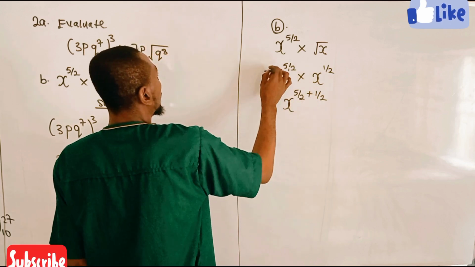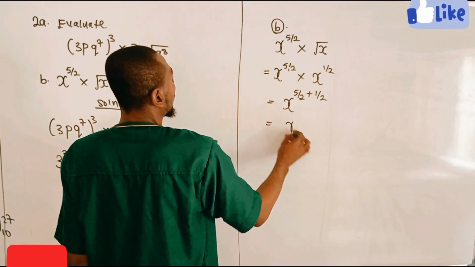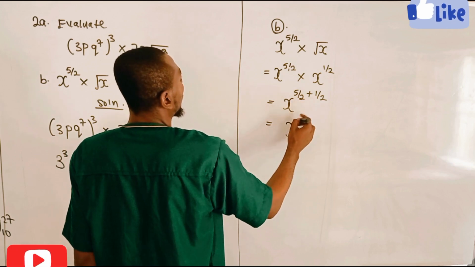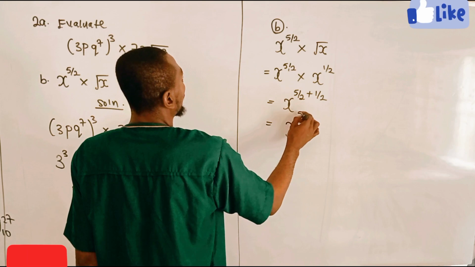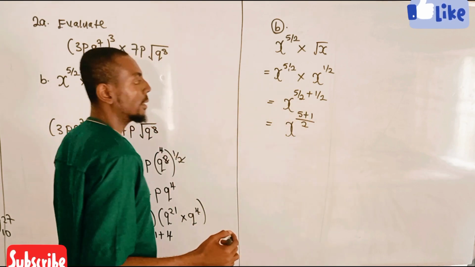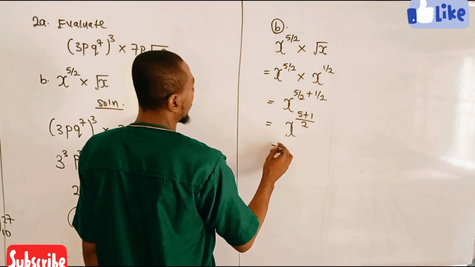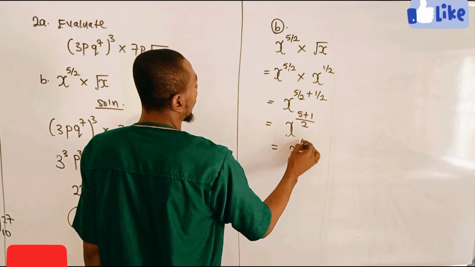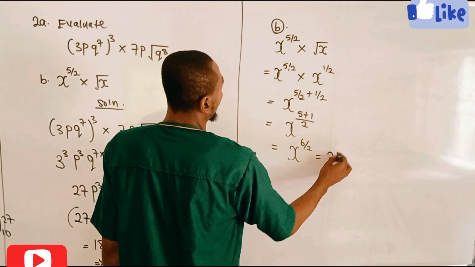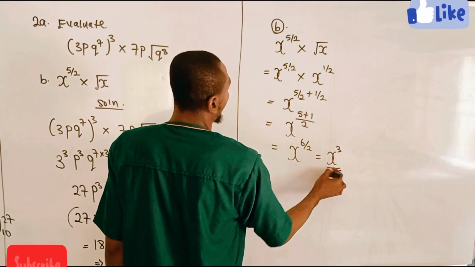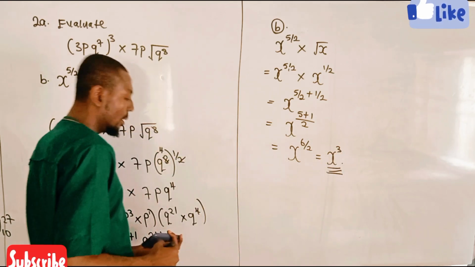And when that happens, we're going to have x raised to the power, of course, the LCM is 2, so we have 2 here, and then 5 plus 1. So the final answer becomes x raised to the power 6/2, and 6 divided by 2 will give us 3. So we have x raised to the power 3 as the final answer.